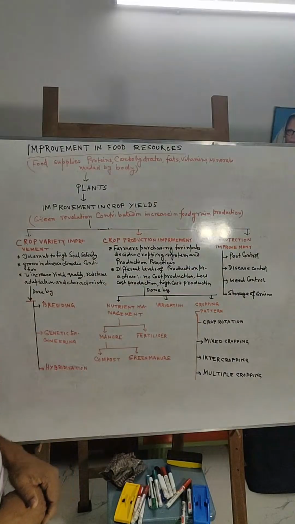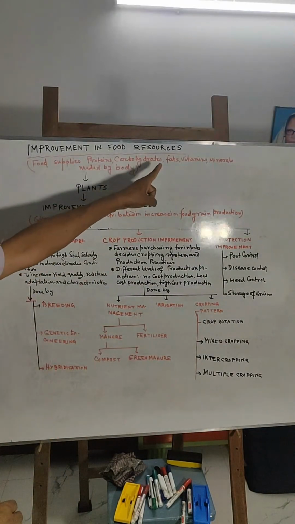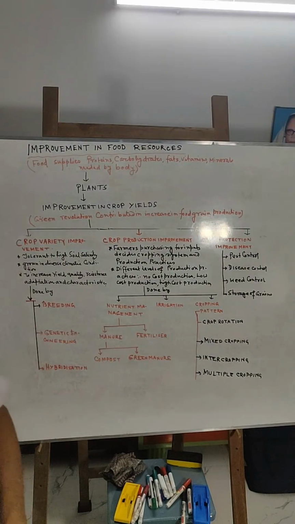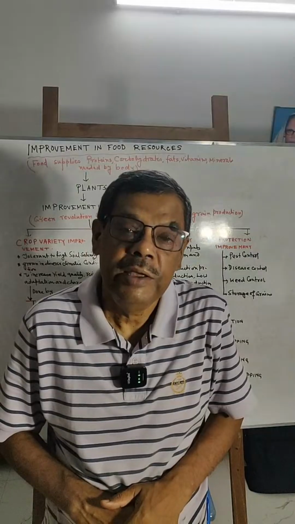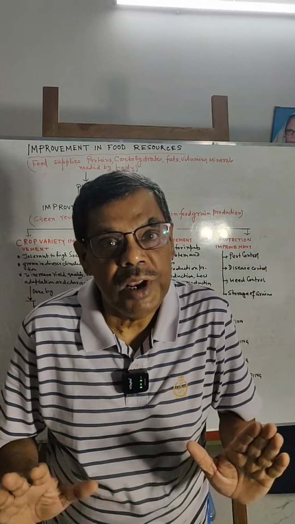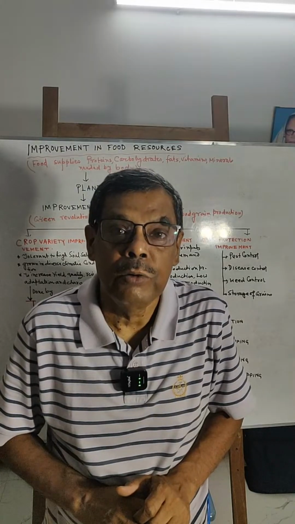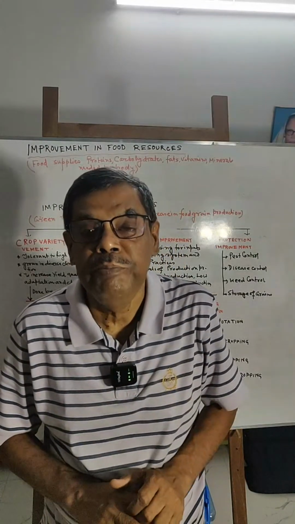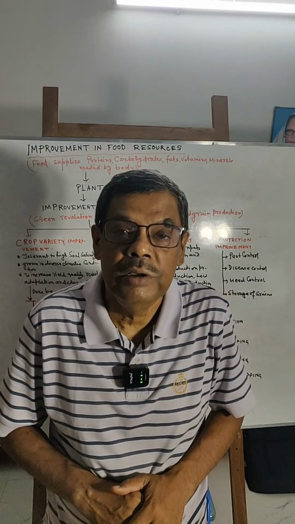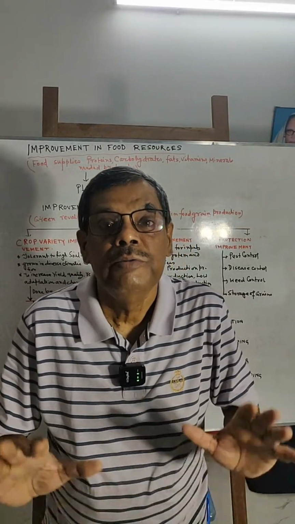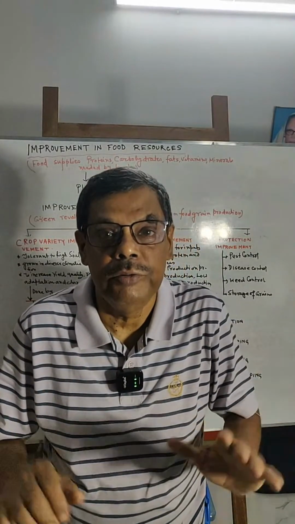First of all, you see improvement in food resources. What is food? The substance which gives us nutrient, energy, growth, and prevention of disease is called food materials or simply food.